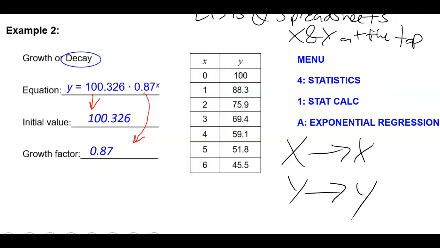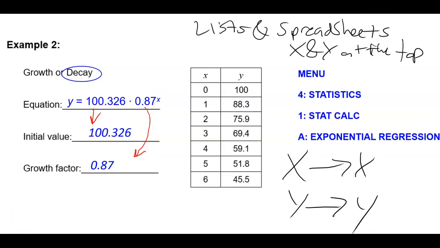The rate is when you subtract it from 1, or subtract 1 from it. Okay? But the factor is whatever's there, 0.87. Okay, so what you can do is flip your paper. You do not need the growth rate. I mean, if you want to write what's the rate, you could do 1 minus 0.87, and you would get negative 0.13.